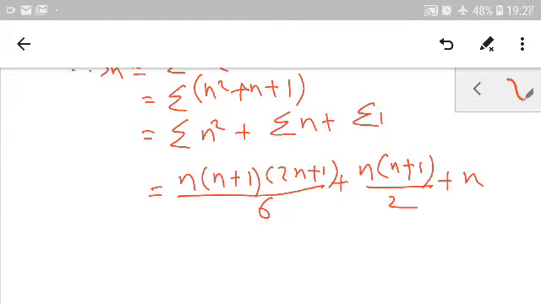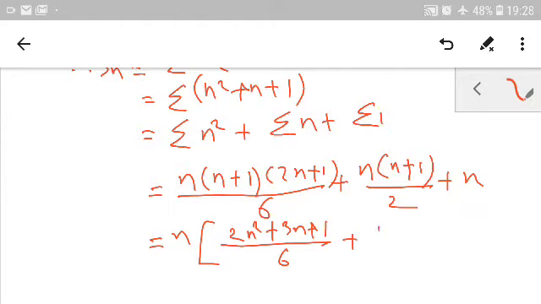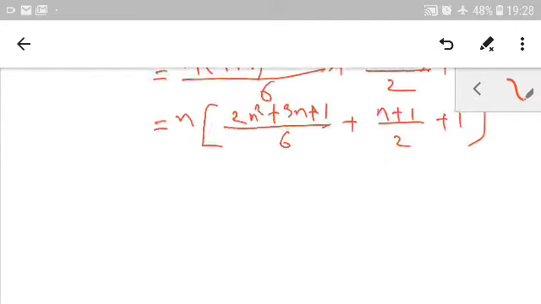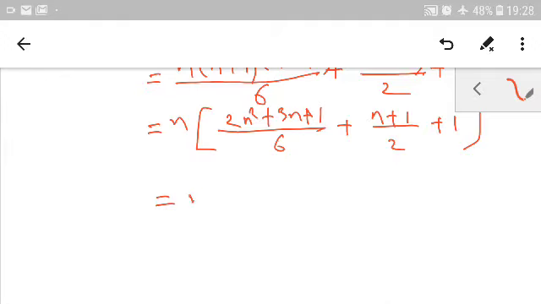So now you can proceed by taking n common. If I take n common, then it will be (2n square plus 3n plus 1) divided by 6, plus (n plus 1) divided by 2, and plus 1. Now let us take the LCM, which is 6, not 12.